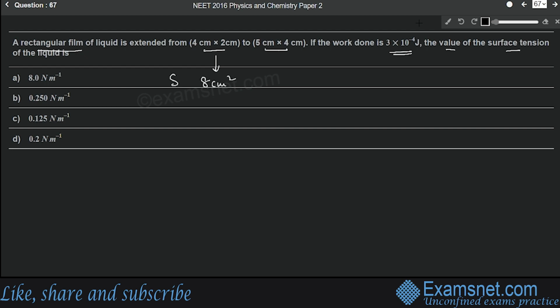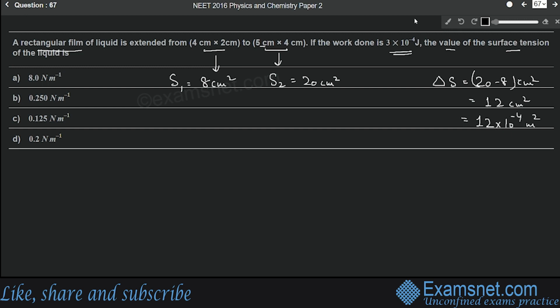And the final surface area S2 is 5 cm into 4 cm, that is 20 cm square. So what will be the change in surface area? Delta S will be 20 minus 8 cm square, that is 12 cm square. In meter square it will be 12 into 10 to the power minus 4 meter square.